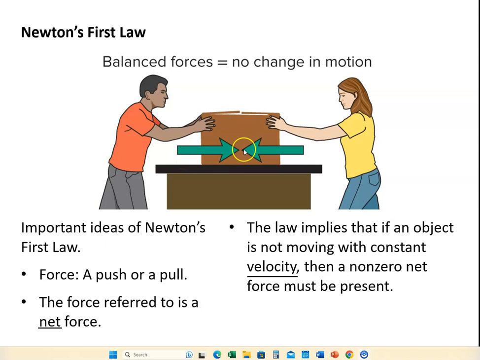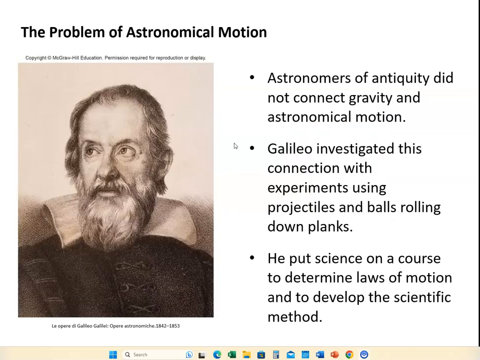So that's not happening, and so there's no net force. The forces are adding up to zero. So that's what this is all about. Of course, Newton's second law is what happens when the forces don't add up to zero. We'll get to that in just a second.